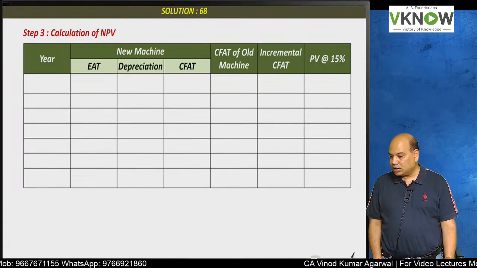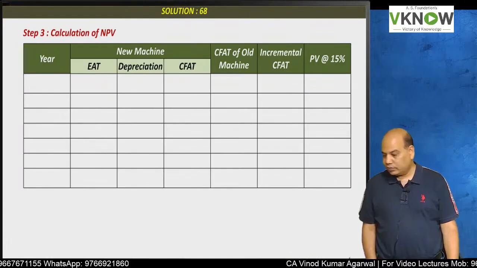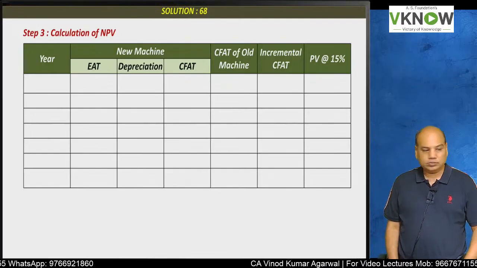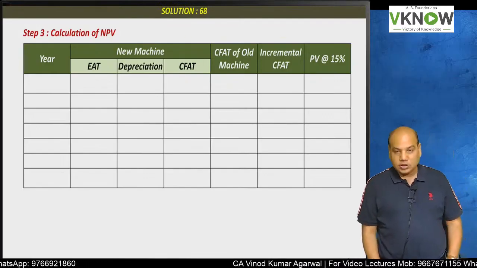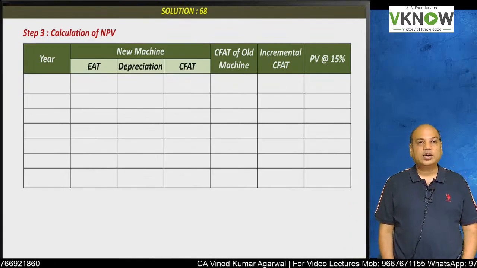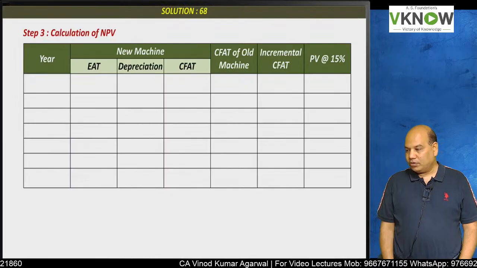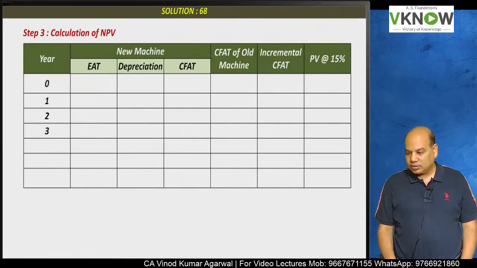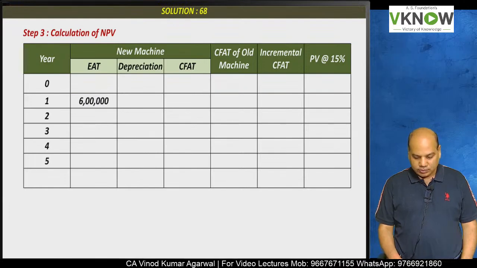Then compare with the CFAT of the old machine. The difference is incremental CFAT. Last column, PV at the rate of 15%. Same to same format so that you will understand.